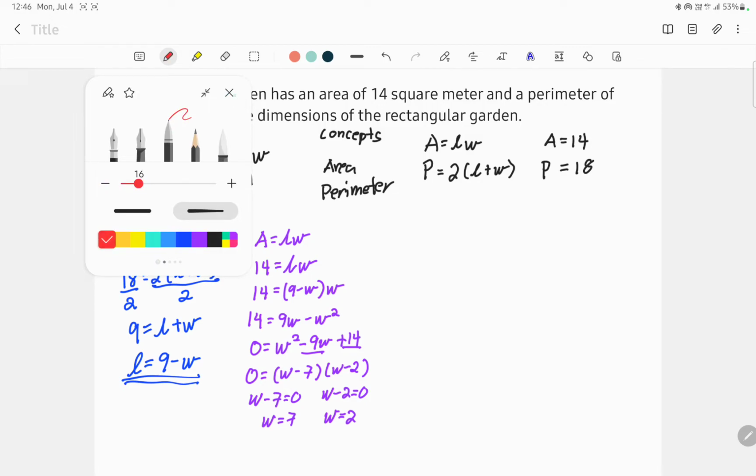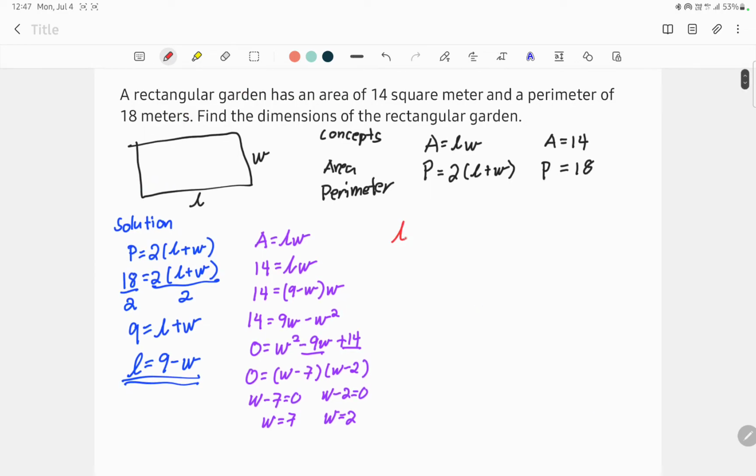The first one that you would work on is length is equal to 9 minus w. So technically, if you use 7, 9 minus 7, length is equal to 2. However, if you use the second w, which is 2, length is equal to 9 minus 2, which is 7.